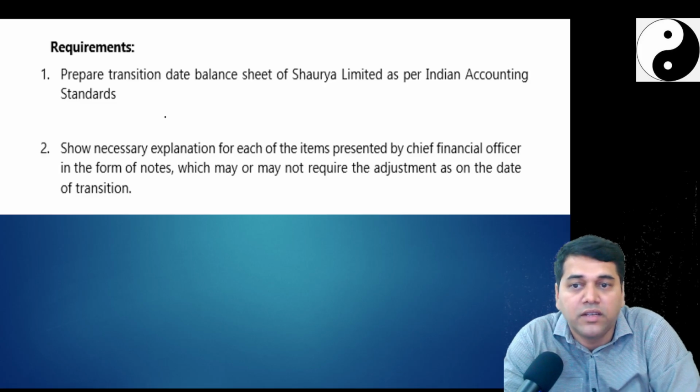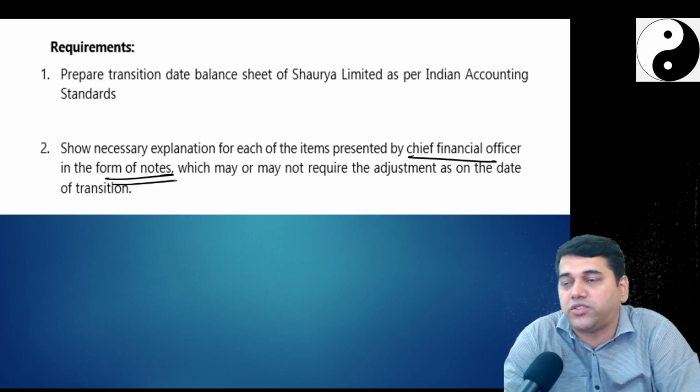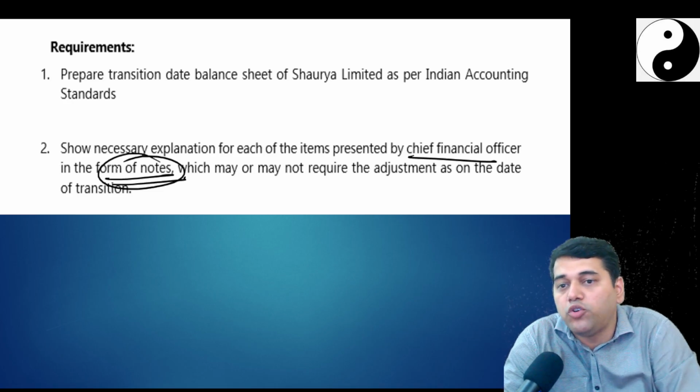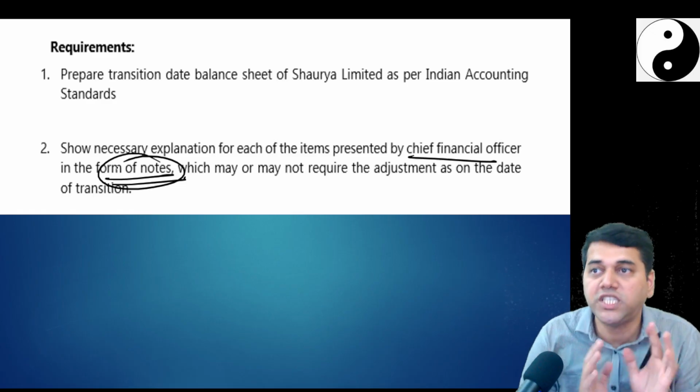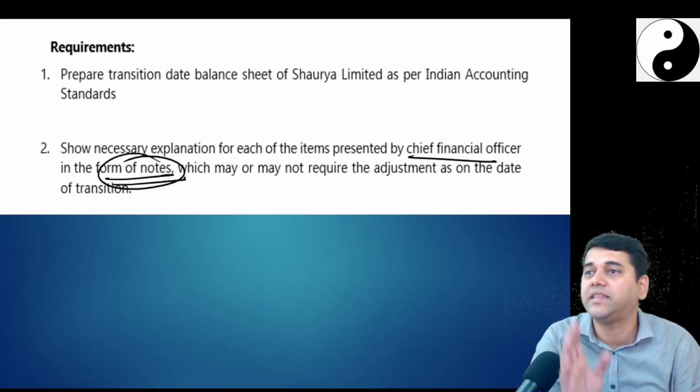Then we started to give all this explanation, and what they said is to give the explanation to the CFO's questions in the form of notes to accounts. So logically, how should I have prepared? How should I have gone about this in the examination? In the examination, I want you to leave the first 2 pages blank.